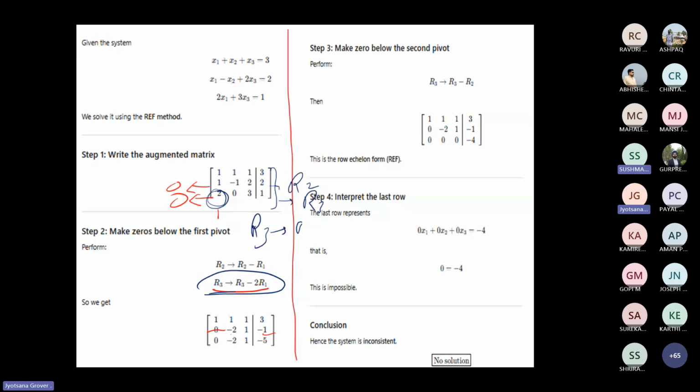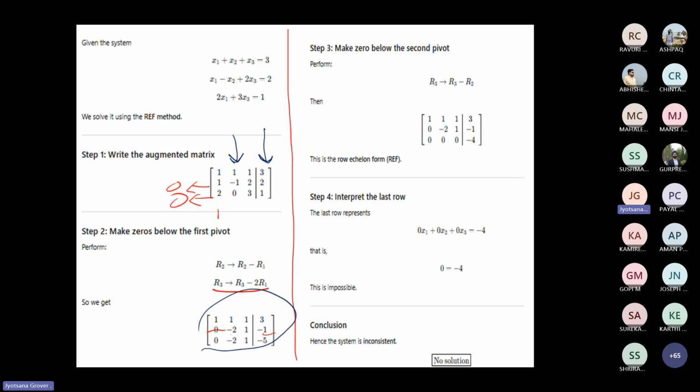So now this augmented matrix will be a 3 into 4 matrix, is it? 3 rows, 4 columns. Correct. So whatever operations you are doing here, you have to do the same operation here also.